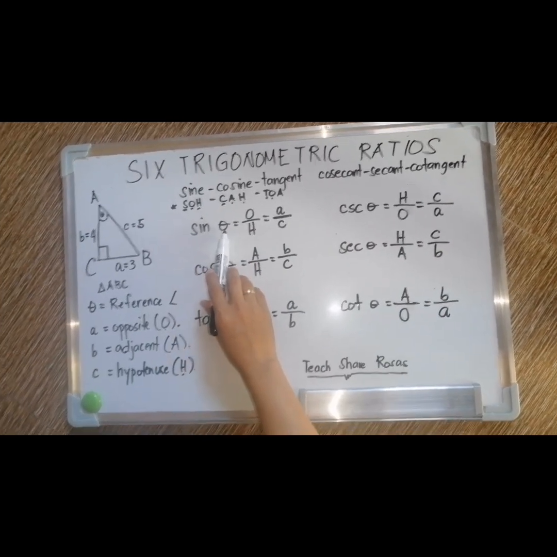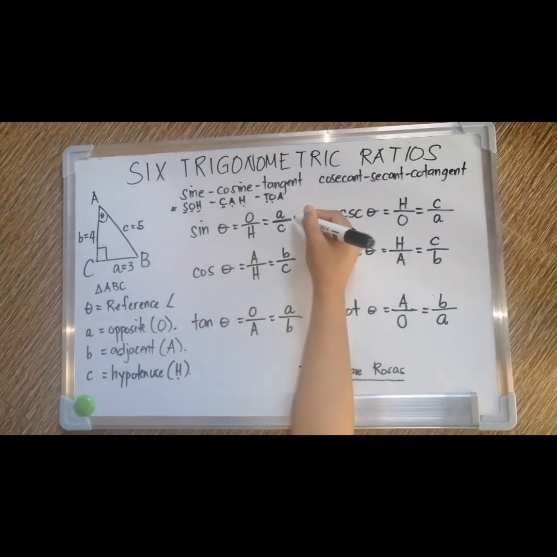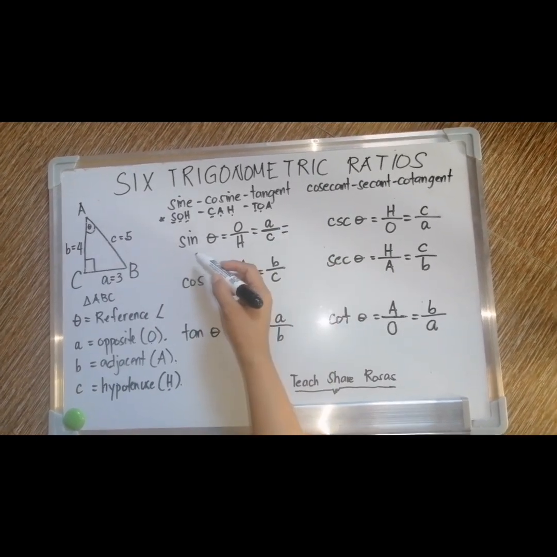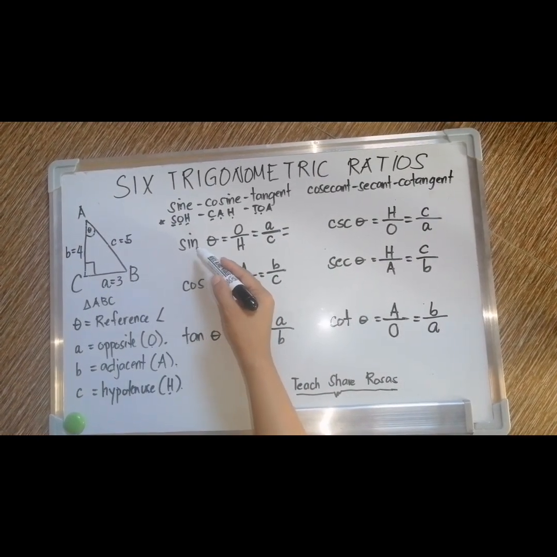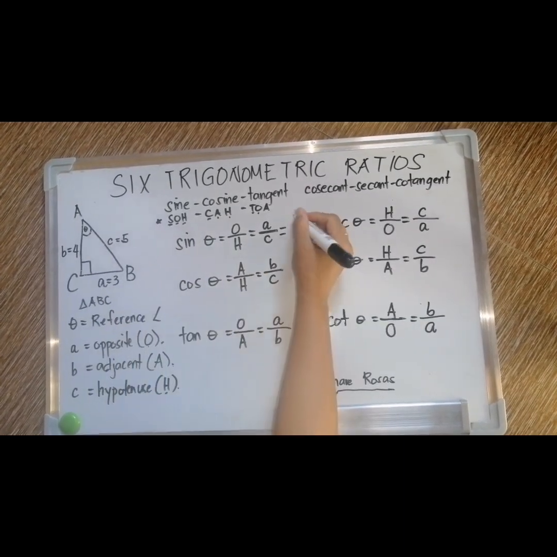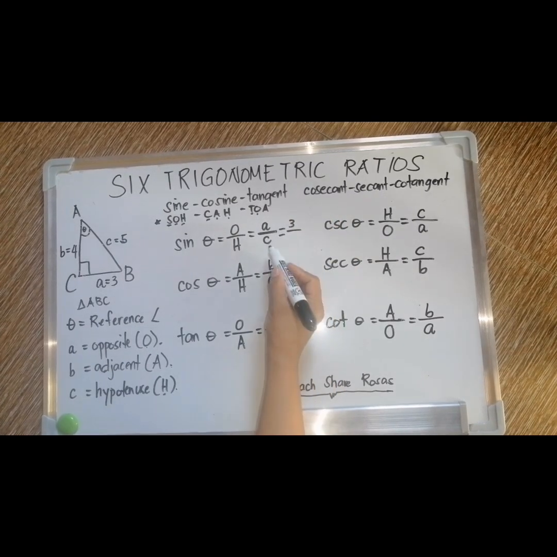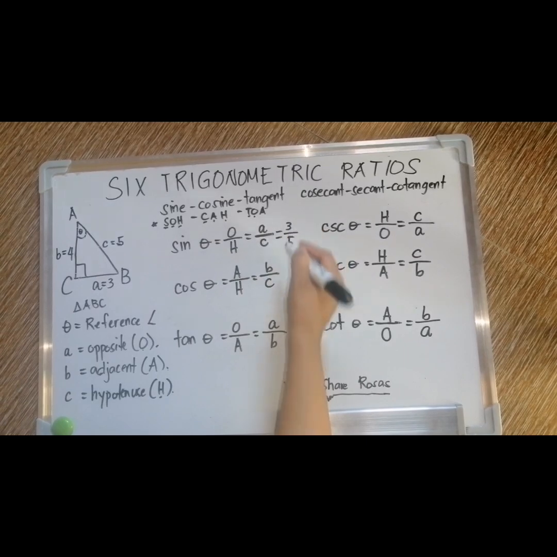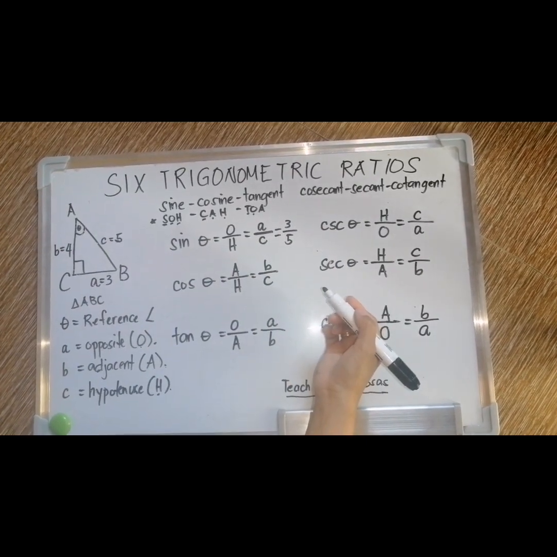So, for sine theta, we have A over C. We are just going to replace the value of A and C so that we can identify the value for sine theta. So, A over C, the value of A is 3 over the value of C is 5. So, sine theta equals 3 over 5.